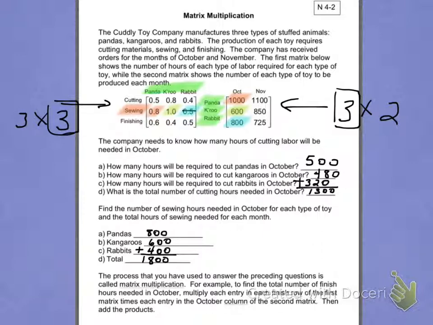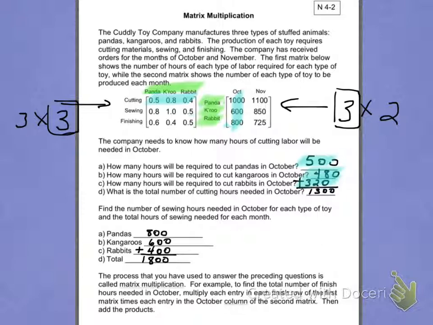Okay, to get the sewing hours, let's go back and look at the process that we've used. Hopefully you can recall and think about it. The process that we've used is we've multiplied each number in this first row times each element in this first column and gotten a number right here.